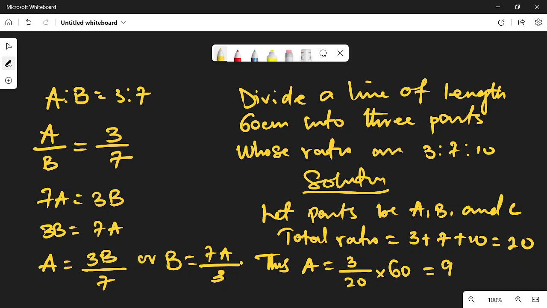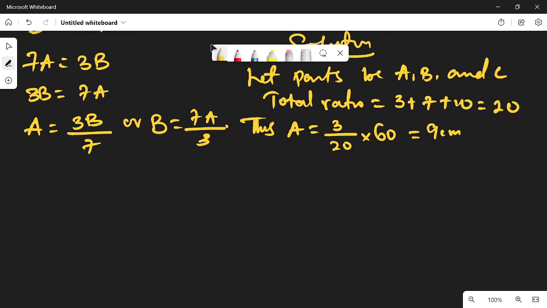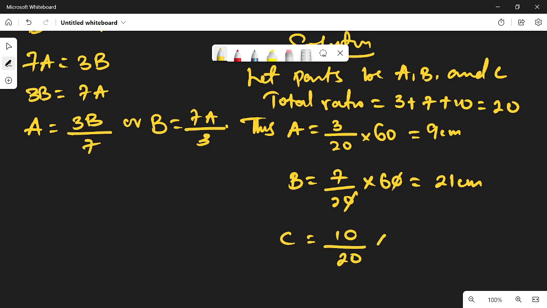So A is going to be 9 centimeters. Then B is 7 all over 20 times 60, that will be 21 centimeters. And C will be 10 over 20 multiplied by 60, that will give us 30 centimeters.